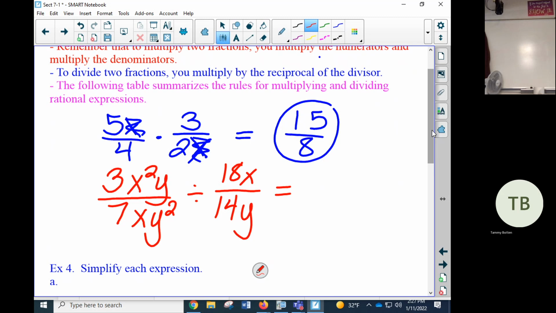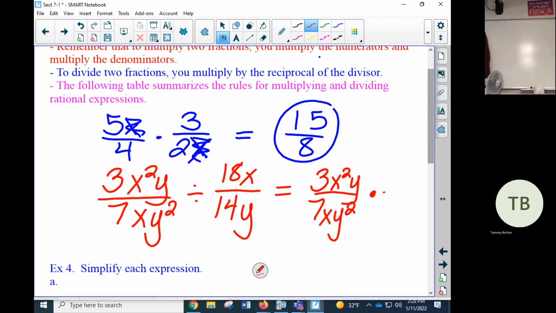Do you guys remember what you did in elementary school when you learned how to divide fractions? You wrote it instead as a multiplication, and what did you do with the second one? You flipped it, right? So if you were writing this out of your book onto your page, you could flip it as you copy it down. Do you guys understand that?